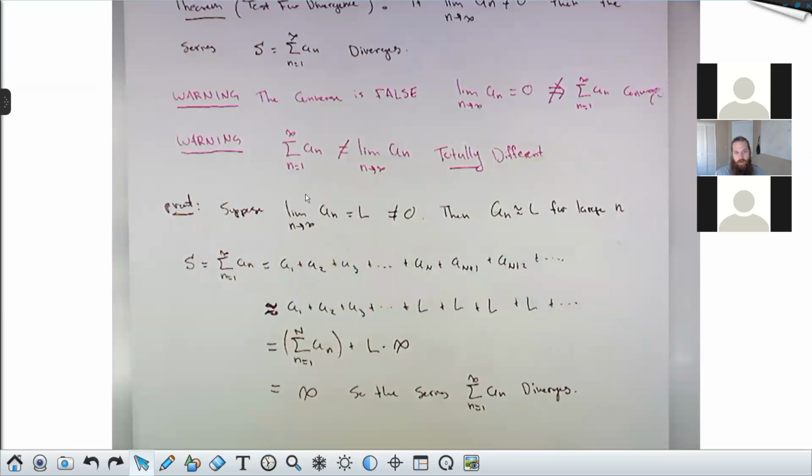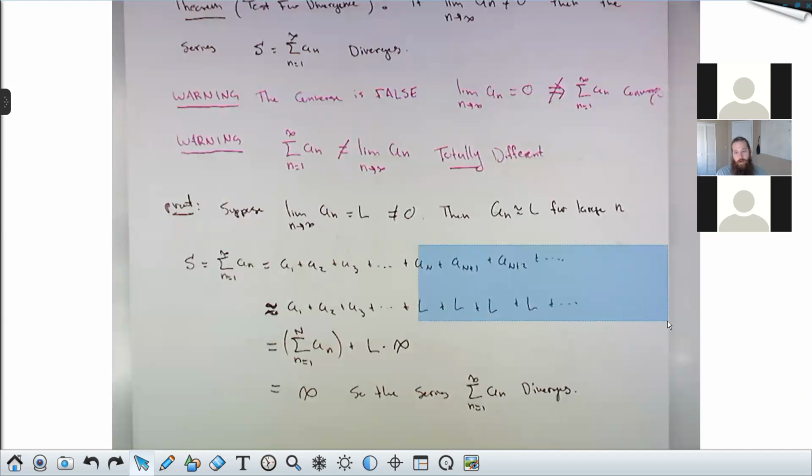The sequence AN having limit L means that from some point on, all the terms of the AN stay very, very, very close to L. So this guy is close to L. This guy is close to L. This guy is close to L. All the late terms in the sequence are close to L.